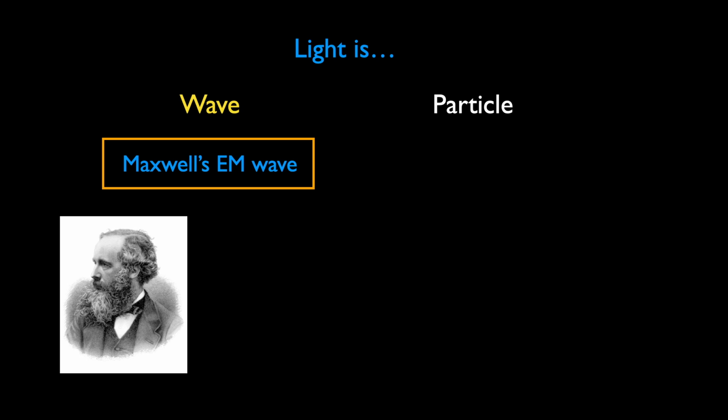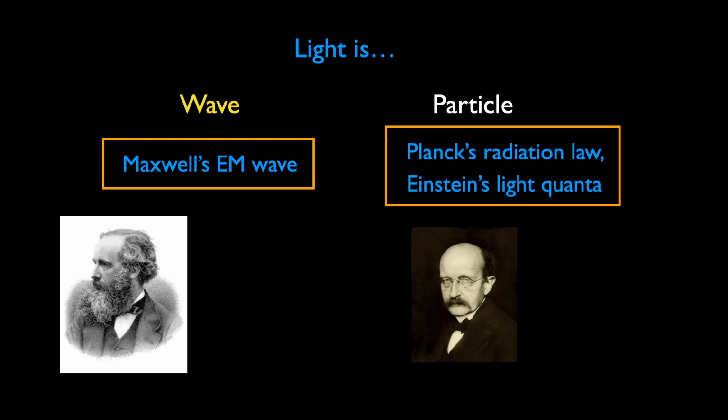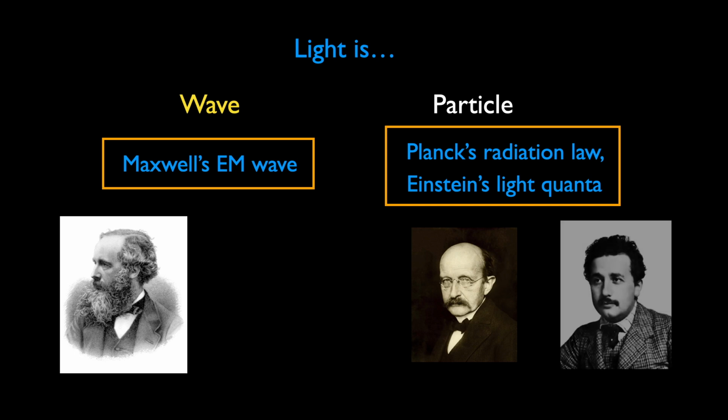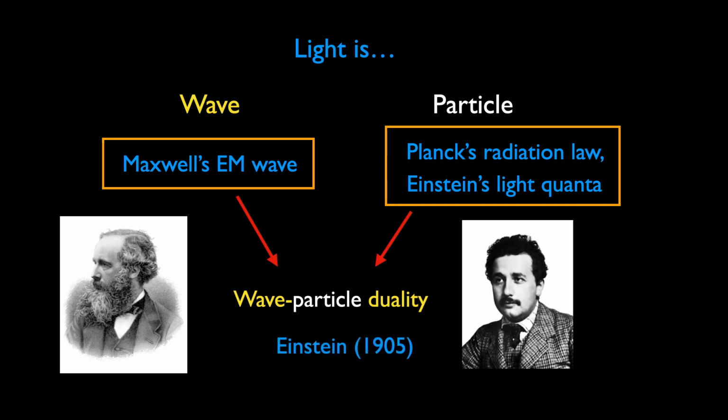But at the turn of the 20th century, the particle nature of light began to emerge from the study of blackbody radiation by Planck and its interpretation as light quanta by Einstein. These are discrete packets of energy and momenta, which can be described by massless particles, the particles of light. The synthesis of these two results allowed Einstein to establish the wave-particle duality of light.